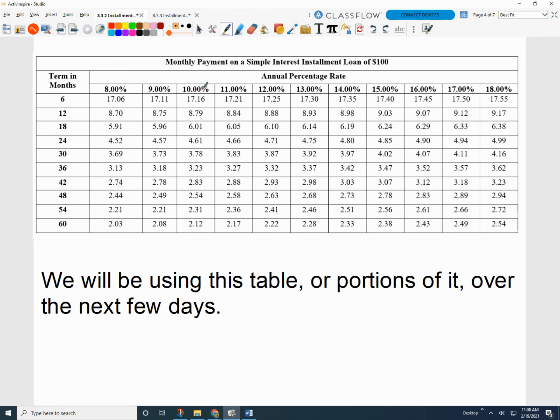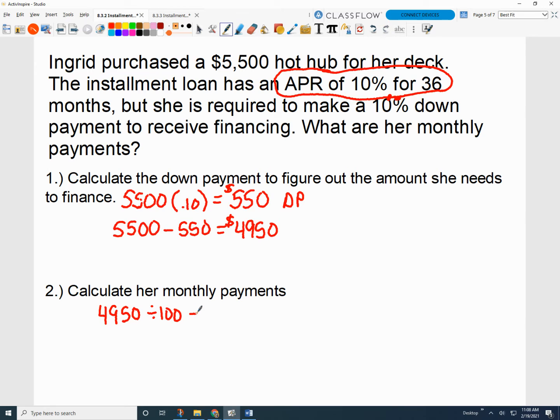So 10%, 36 months, 323. Okay, so we take the 4,950 divided by 100 to make it line up with the table, and then times 323 for the $100 table. That should just be a straight punch in on your calculator.